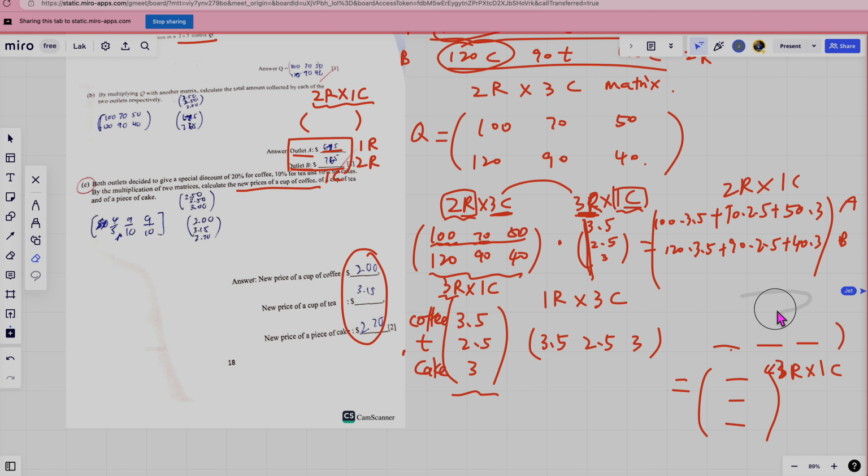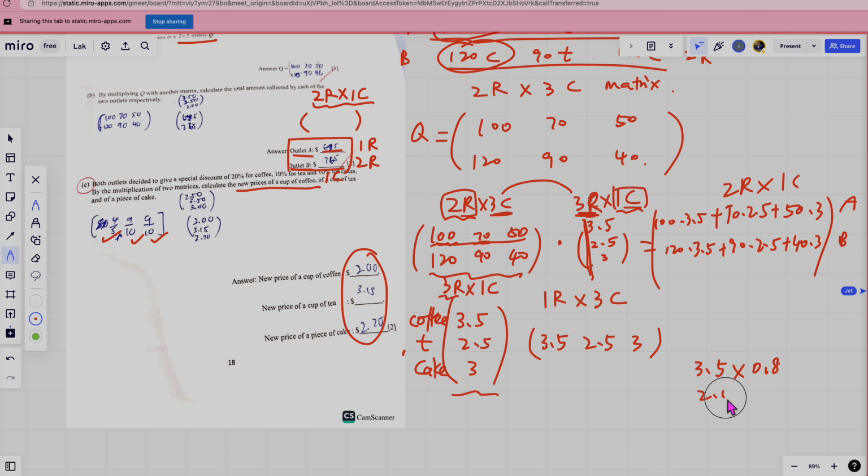What you want to achieve ultimately is, you know that you need to take 3.5 times the special discount. 20% discount means it's times 80%, 0.8, right? You have done it already.